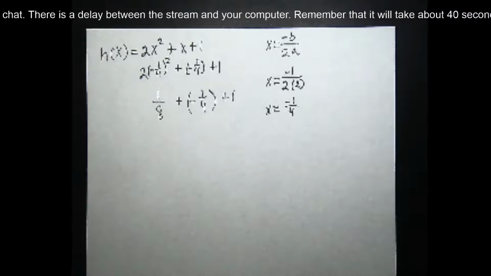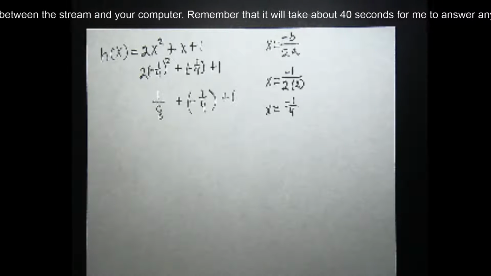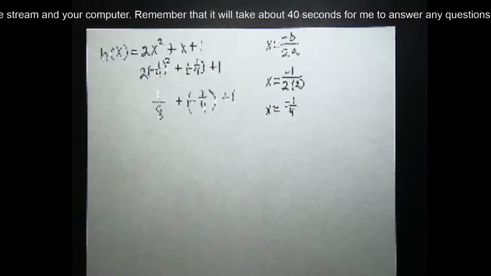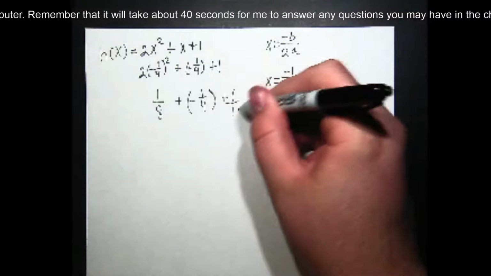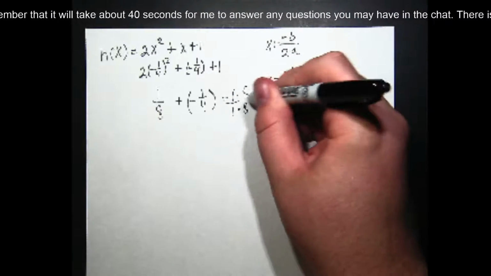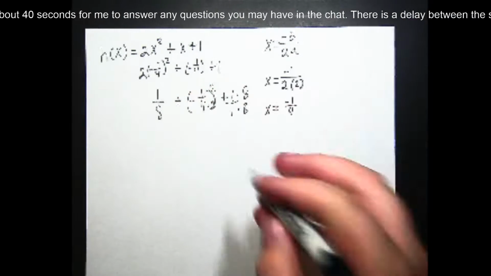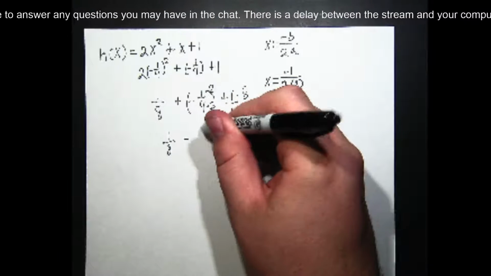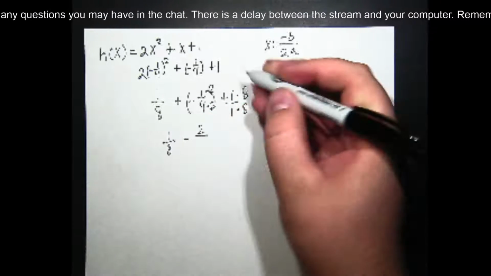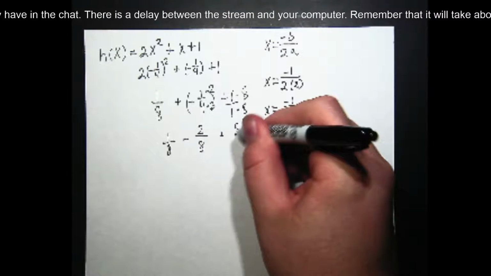Okay, so now we've got 1/8 plus negative 1/4 plus 1. Really, I want to get everything over the same denominator so I don't have to worry about that. So multiply this one by 8, this one by 2, and then this one's already fine. So now what we have is 1/8 minus 2 over 8 plus 8 over 8.